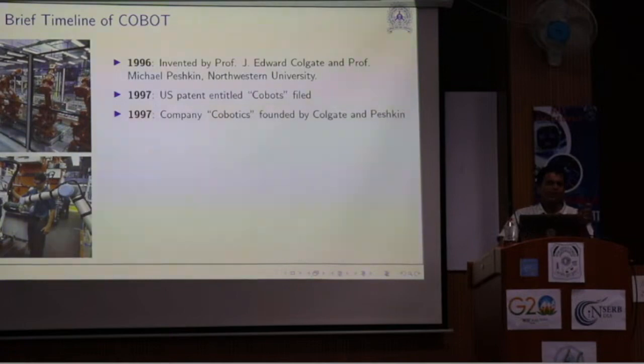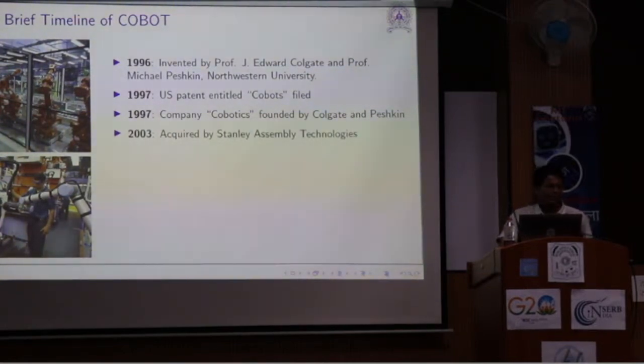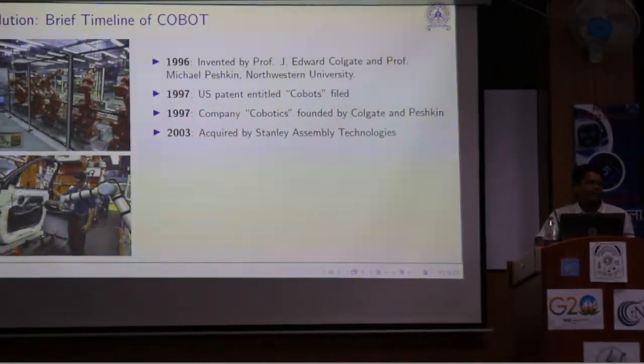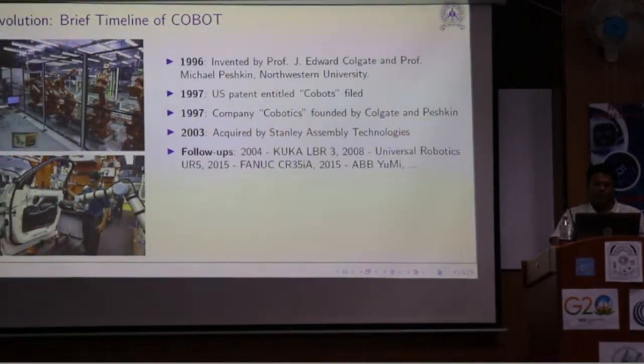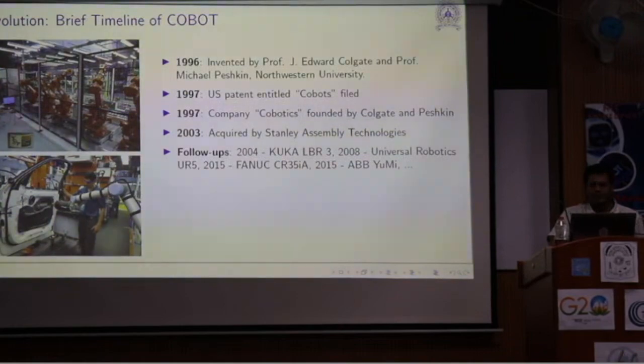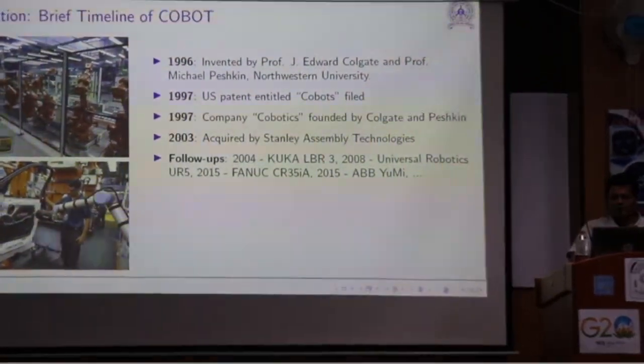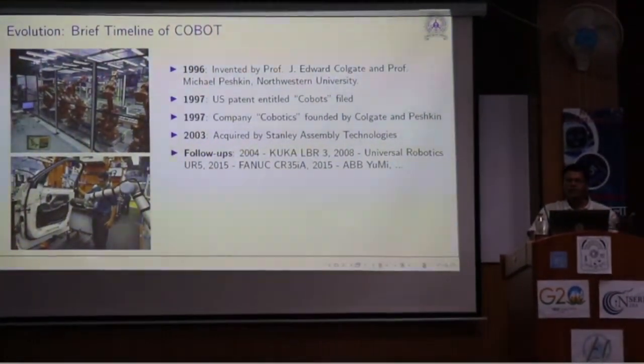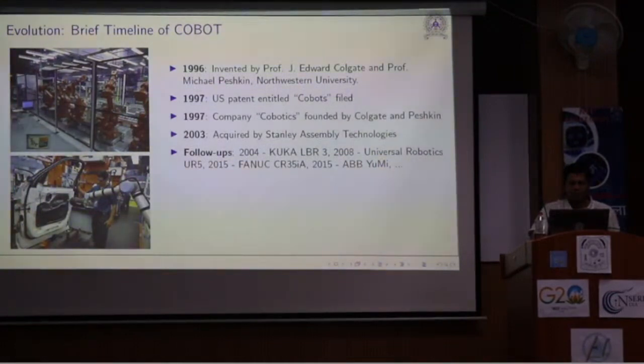But it is basically collaborative robotics. Colgate and Peshkin, these two fellows. Then in 2003, Stanley Assembly Technology acquired the company Cobotics. Then multiple companies started making it. Now almost all big companies make such robots.